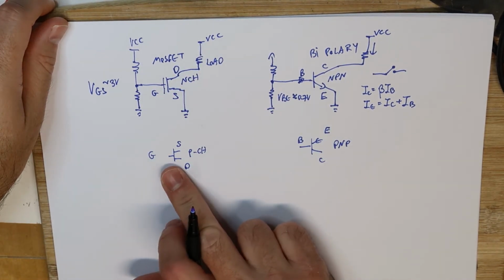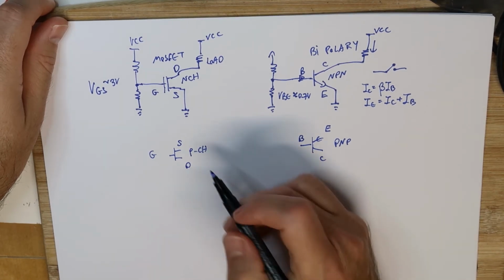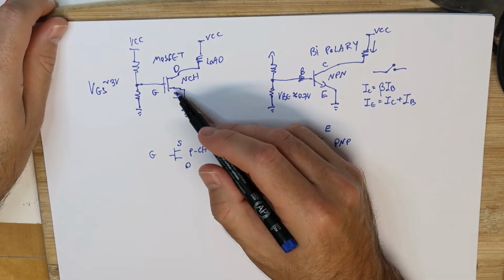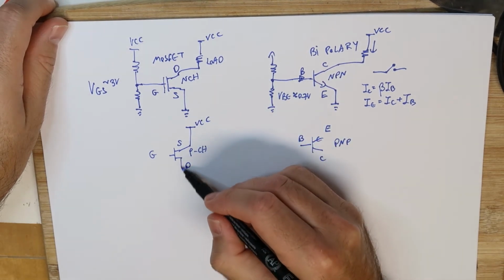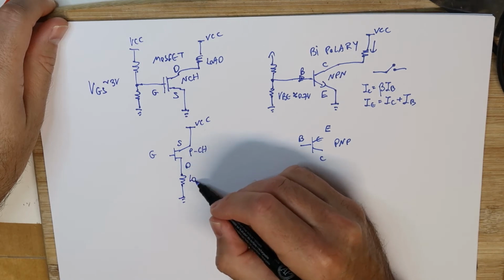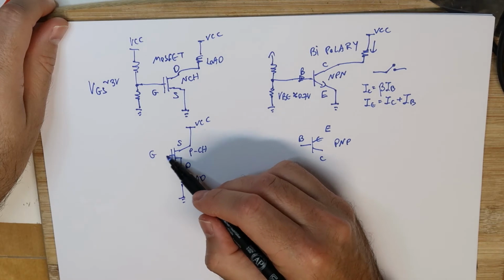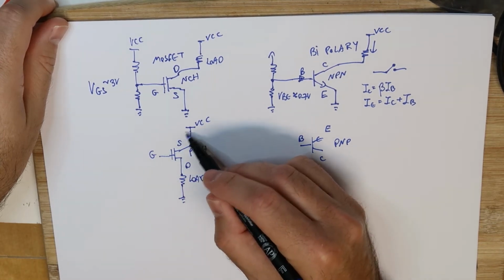Okay, in the P channel MOSFET it's the same, but the VGS is now from the positive side, which means the source is connected directly to our VCC, and the drain will go to the load and then to the GND. So here we have our load, and again, in order to make it conduct, now it needs to be a VGS, but from this point to this point.